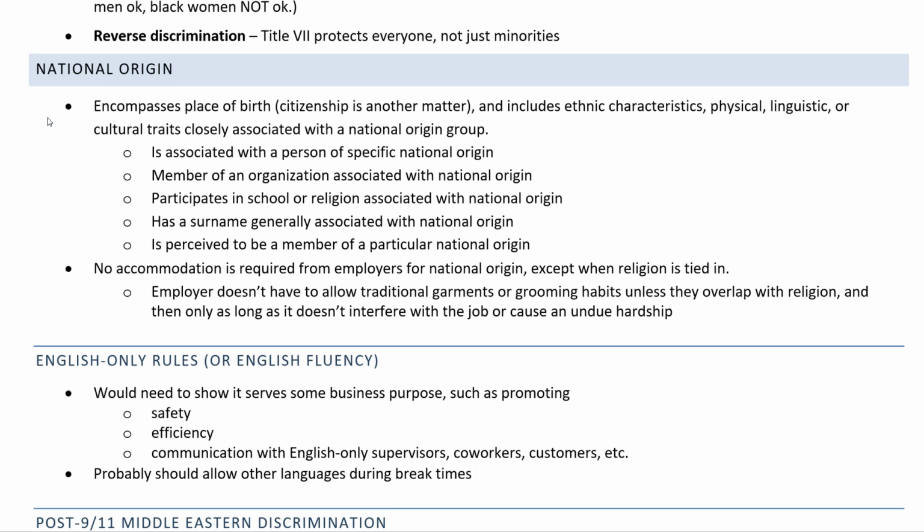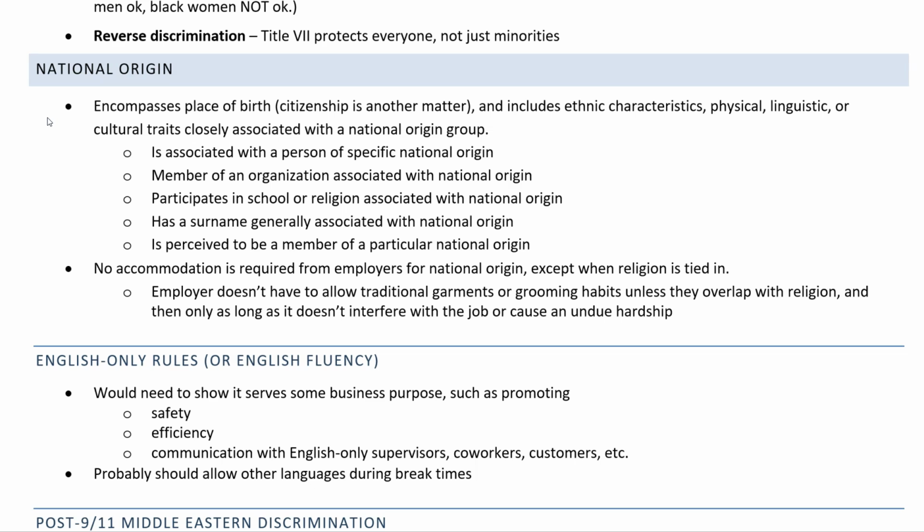It can include ethnic characteristics, physical characteristics, linguistic, or cultural traits closely associated with a national origin group. And again, national origin, we're thinking of people coming from certain countries. Maybe they immigrated from a certain country. Maybe it just looks like they're from a certain country, or they talk like they're from a certain country, whatever it is that associates them with some national origin.